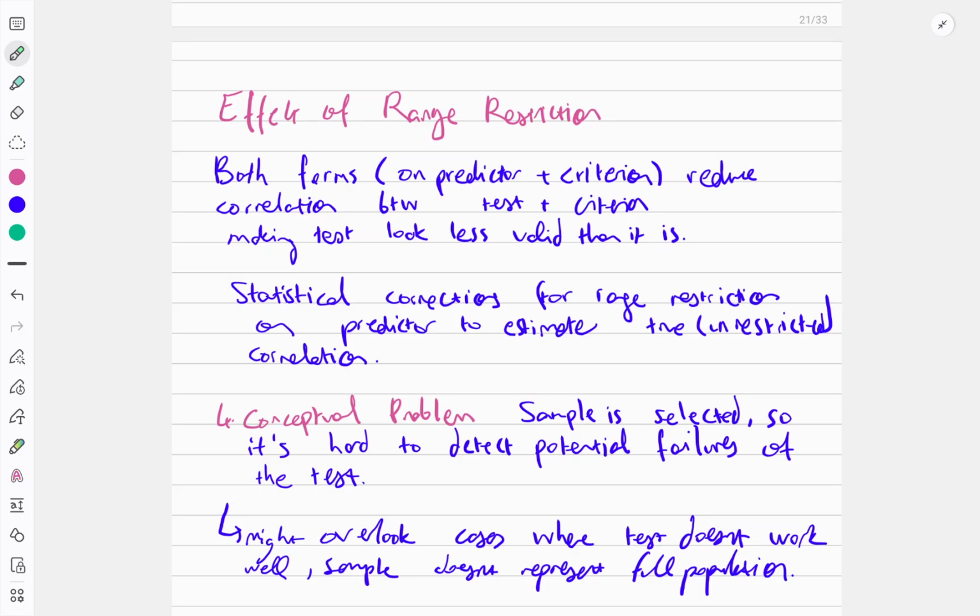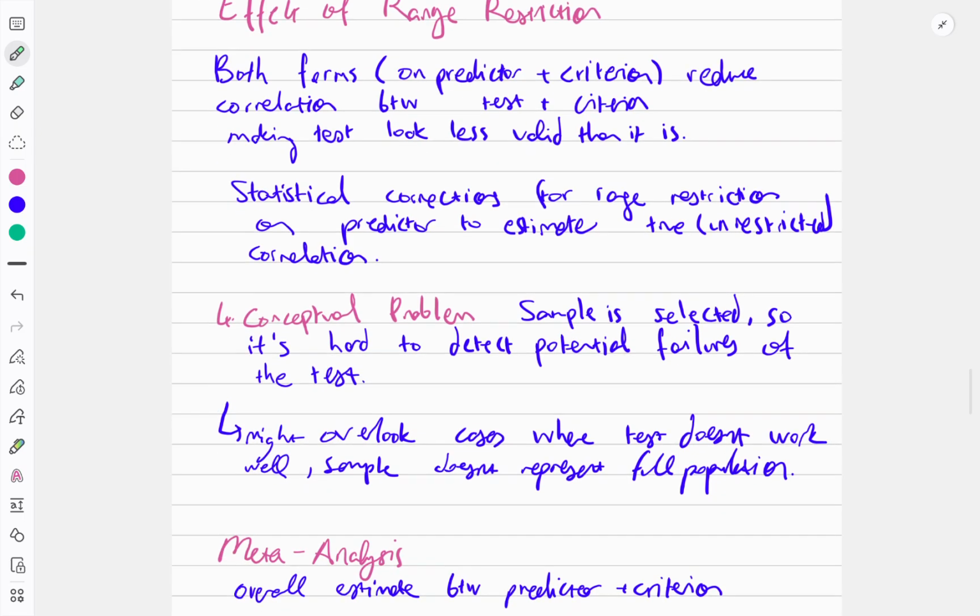To estimate the true unrestricted correlation, we can use statistical corrections for range restriction.